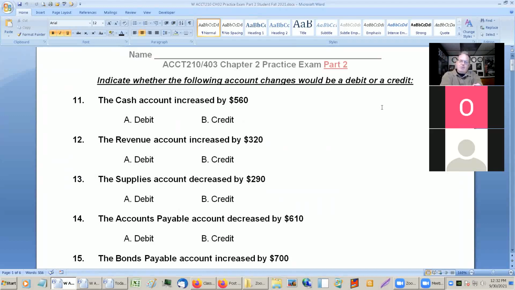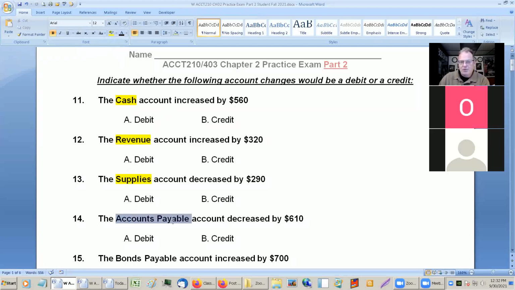And be careful on these because it's only about the account that's listed. For instance, this one's cash. Only the cash, not what's on the other side. Same thing with revenue, just the revenue account. So only look at the accounts that are listed when we go through these.